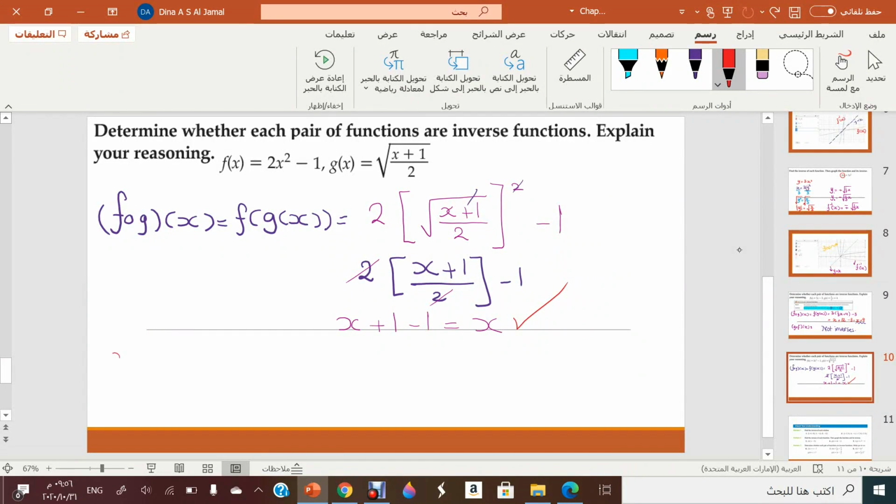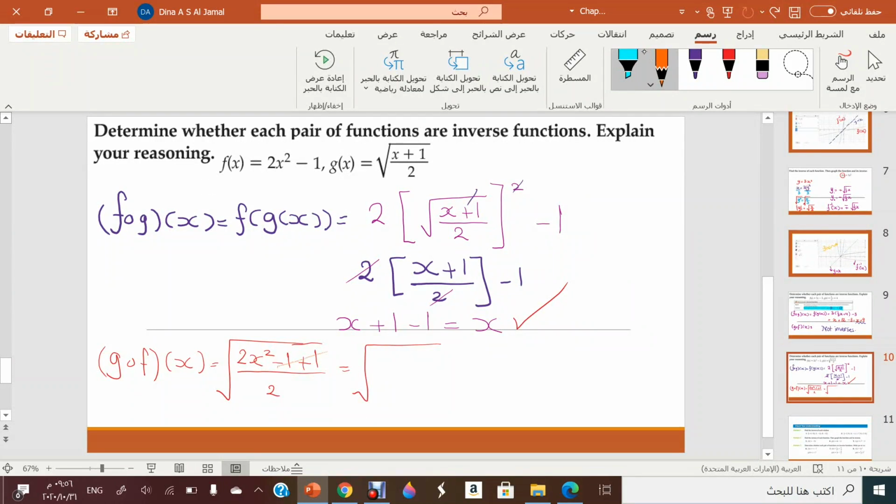Let's go to g of f. You have to go to this and put your expression inside it: 2x squared minus 1 plus 1, over 2. So let's simplify this. Minus 1 plus 1, you cancel this.